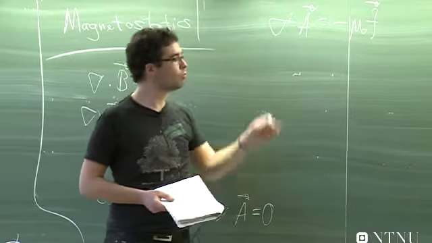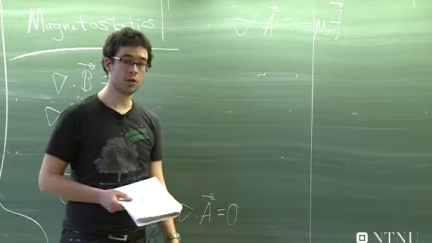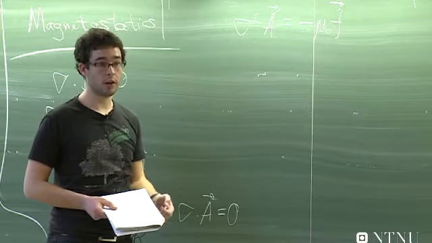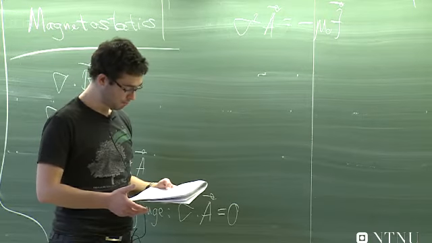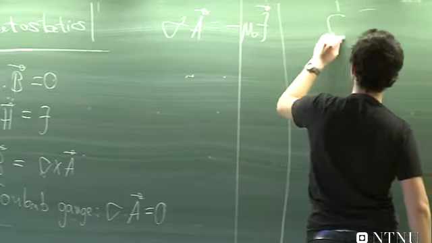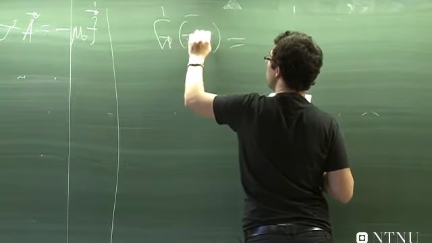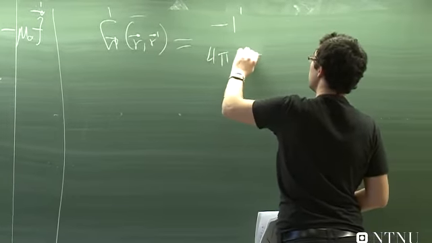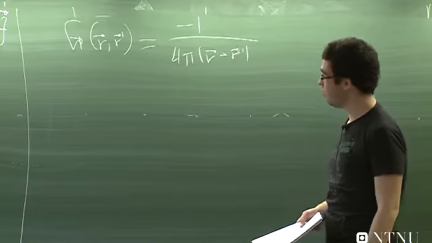This is an equation which component by component looks exactly like the Poisson equation for the scalar potential, meaning that I can use all the mechanics from there. I can use the solutions, I can use the approximation methods, I can use everything. And the solution is known because we know the Green's function. It's G of r, r prime, minus 1 over 4 pi times the magnitude of r minus r prime, still assuming that A is 0 at infinity.